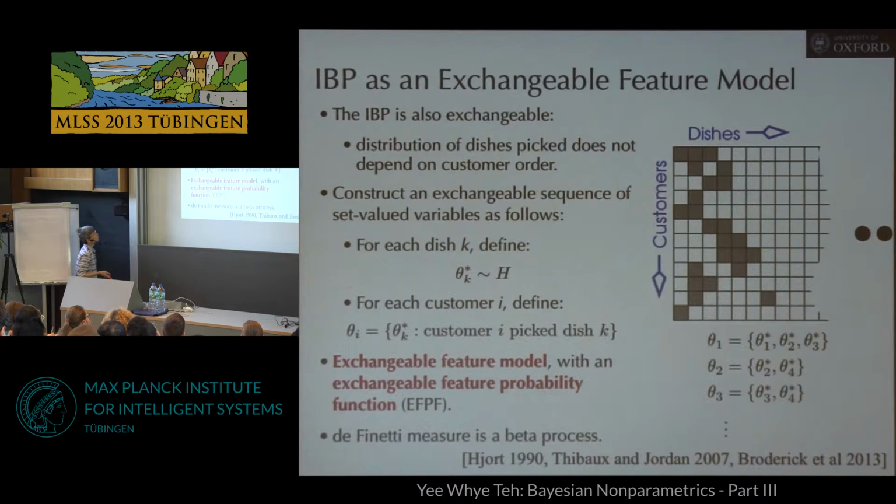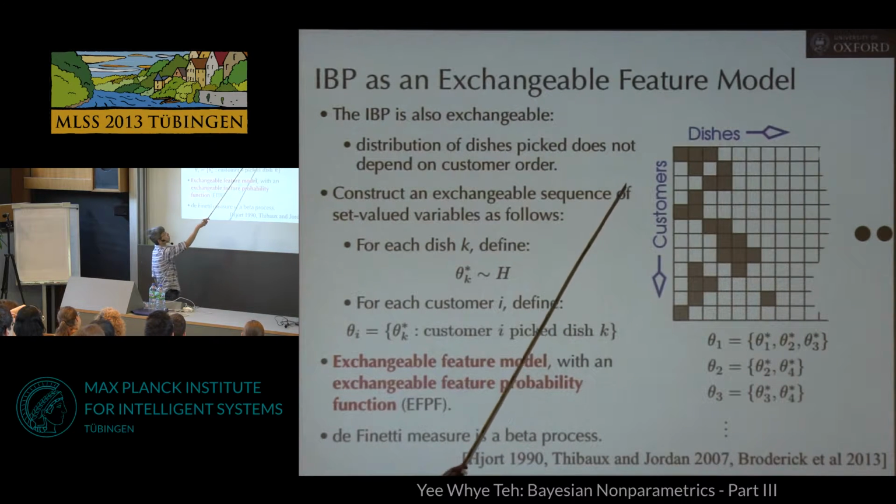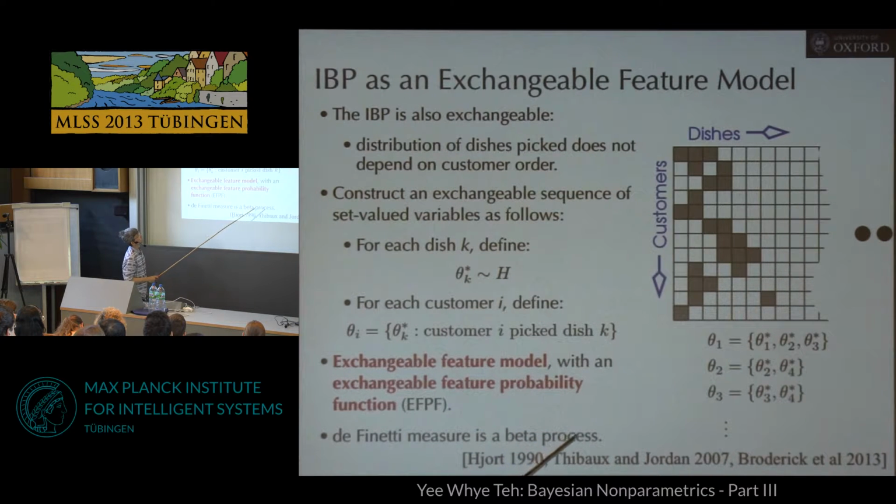Why are we interested in this particular generative process of the IBP? It's because it also has very nice properties, in particular that it is exchangeable. You can show that if you reorder the way in which the customers entered the Indian buffet restaurant, then the resulting distribution over how different customers eat different dishes is invariant to that permutation.